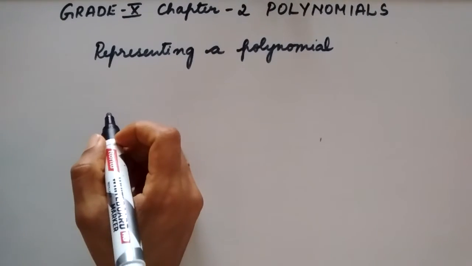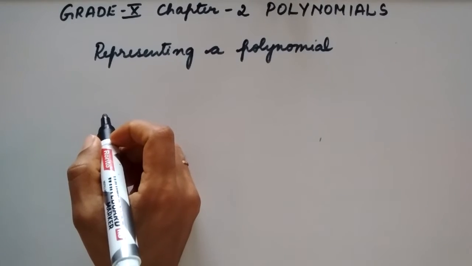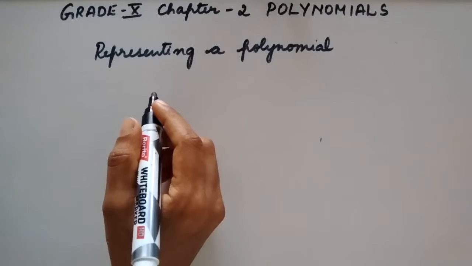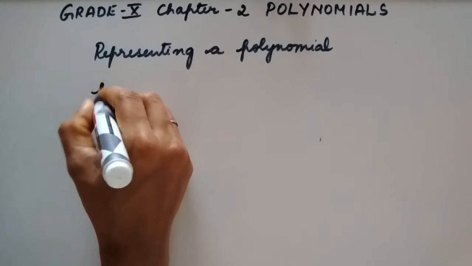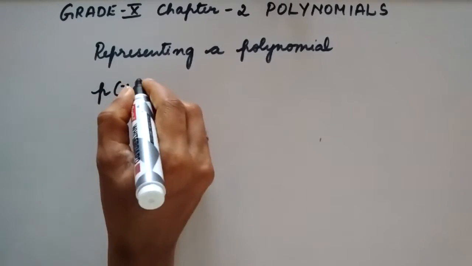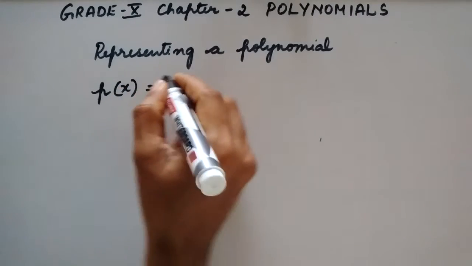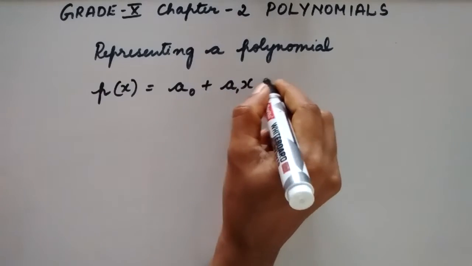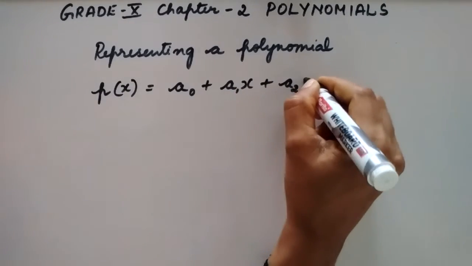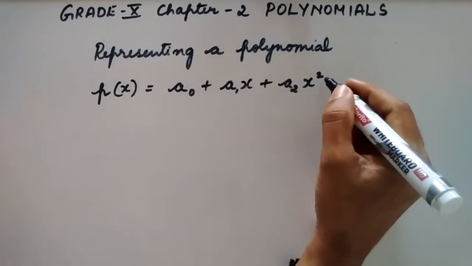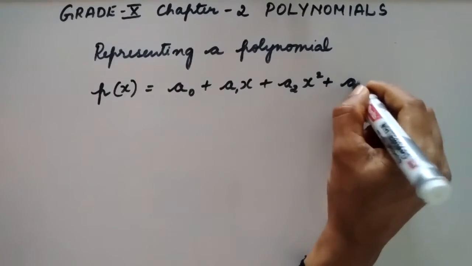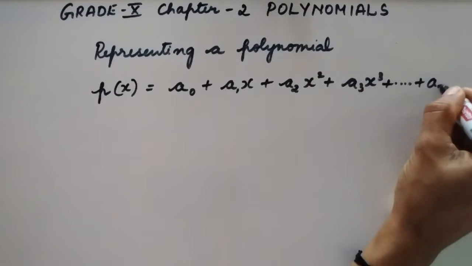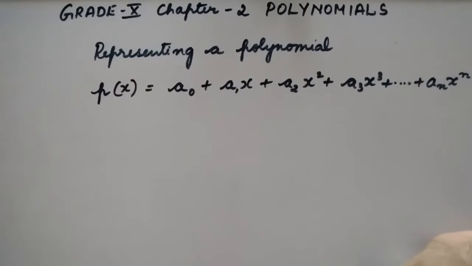Next, representing a polynomial. Let us learn the general way of representing a polynomial. So this is the general way of representing a polynomial, that is p of x is equal to a0 plus a1 into x plus a2 into x to the power 2, a3 into x cube, and so on, to plus an x to the power n.